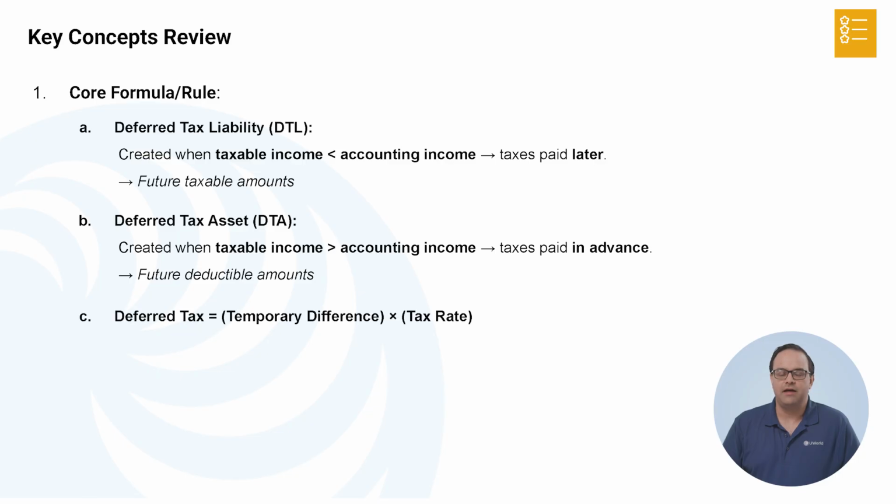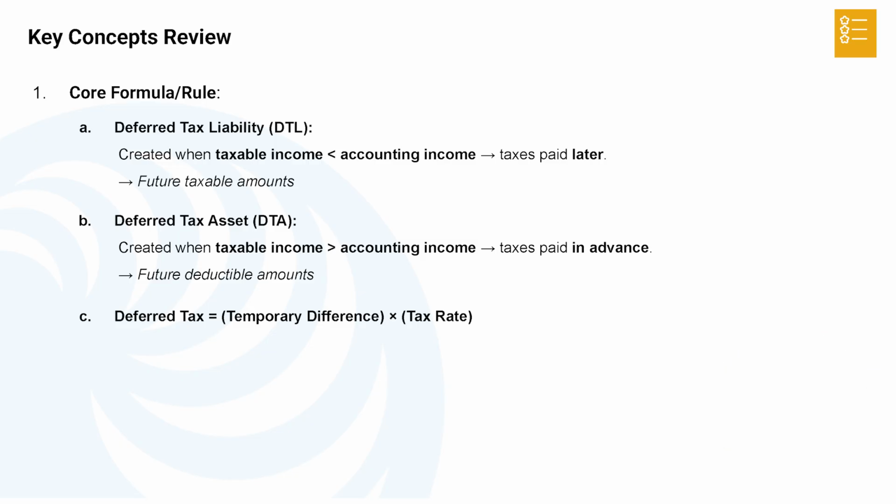So, for example, if a company used an accelerated depreciation method and recorded an extra $1 million of depreciation expense under tax versus GAAP, they would create a $1 million times a 21% corporate rate, if that's the applicable corporate rate for the company, which would be a $210,000, in this case, deferred tax liability, because they've recorded a higher level of depreciation expense, meaning lower taxable income versus under GAAP in this example.